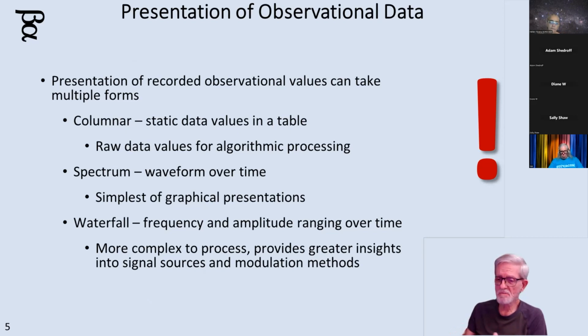All of the data that we're observing or capturing, we can display that data in multiple ways. We can display it as just numbers, just like raw data values that are ripe for algorithmic processing, but it starts out as just raw data values. Every so often you capture a sample, you record the sample, and then you record when it occurred, or you start a clock and the clock goes at a fixed rate and you just log the samples and know the rate.